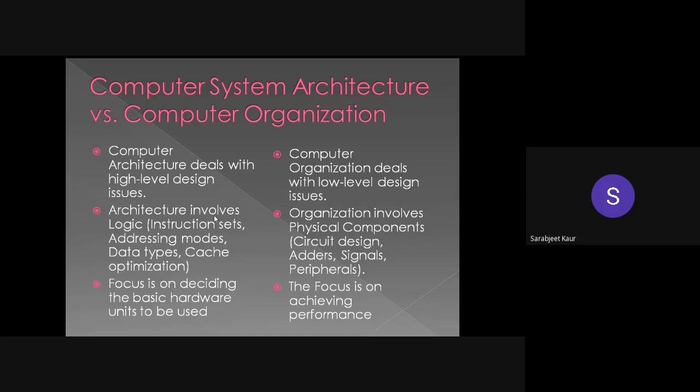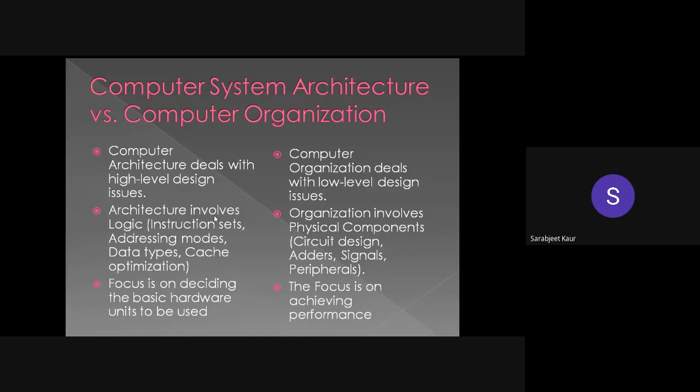Now, what all components are going to be part of this ALU, that means the arithmetic logic unit, which is inside the CPU, that also comes under organization. And how all those components are arranged and interconnected within the ALU is again something that we deal with in computer system organization.